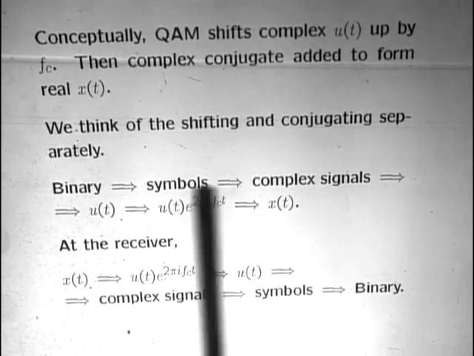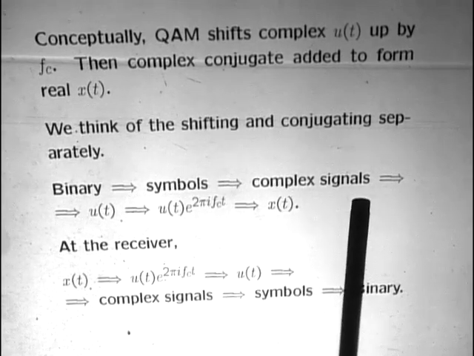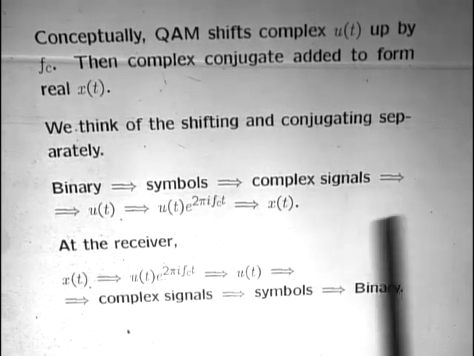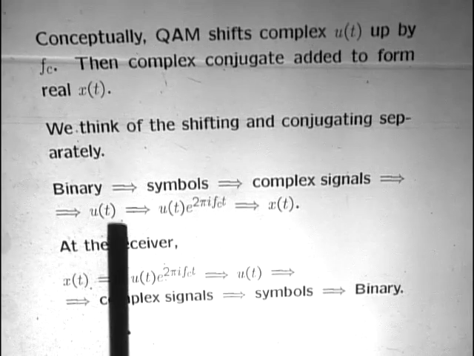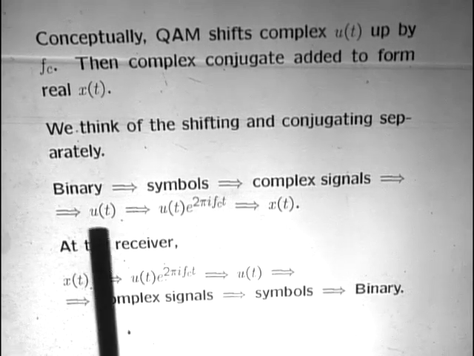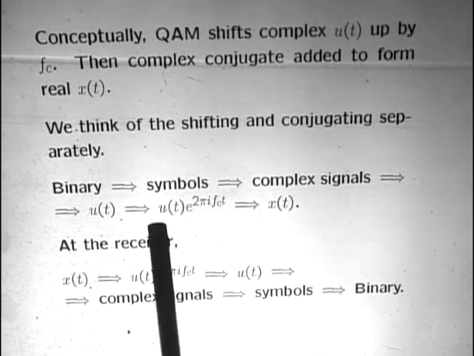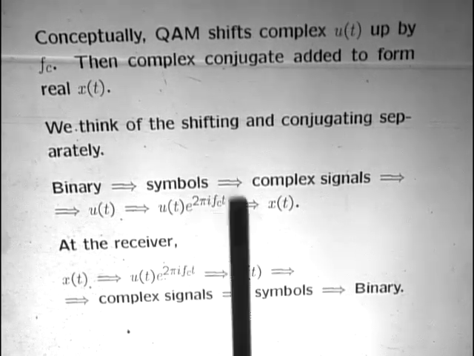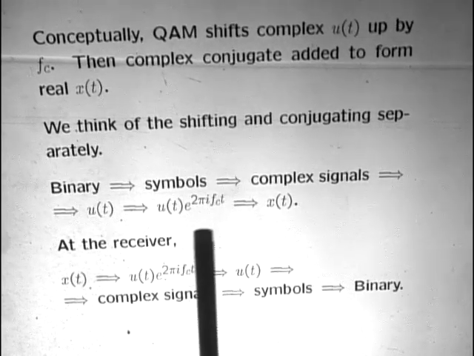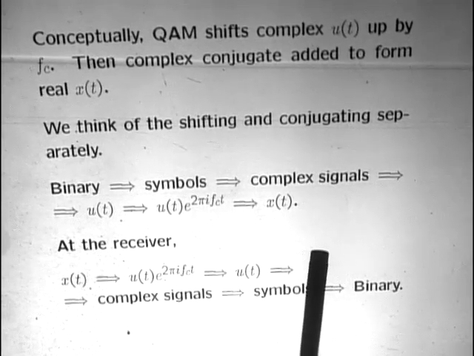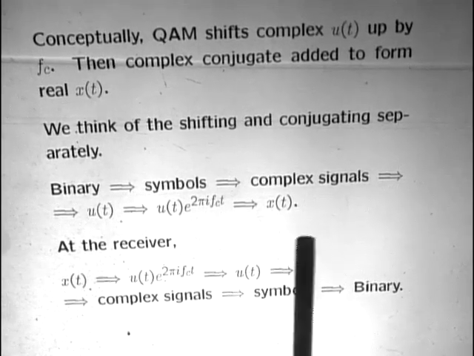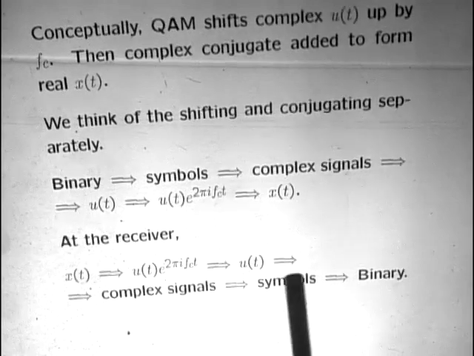We're going to map these symbols into complex signals. We're going to map the complex signals into a baseband waveform u of t. We're going to map the baseband waveform u of t into this positive frequency waveform u of t times this complex sinusoid. And then finally, we're going to add on the negative frequency part to wind up with x of t. What do you think we do with the receiver?